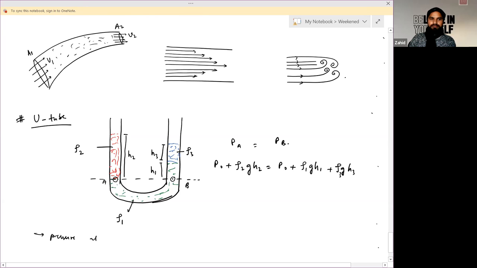Pressure at the same horizontal level on either arm should be equal. Is it clear, Vahid?